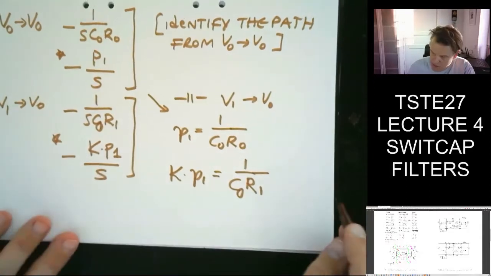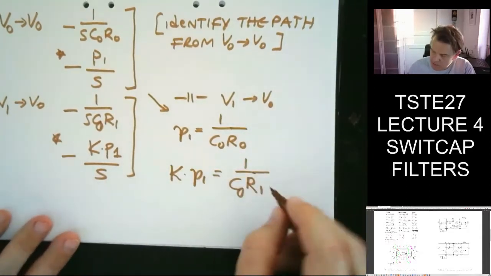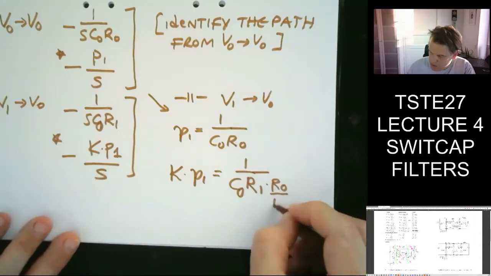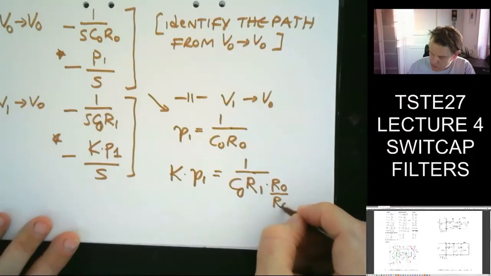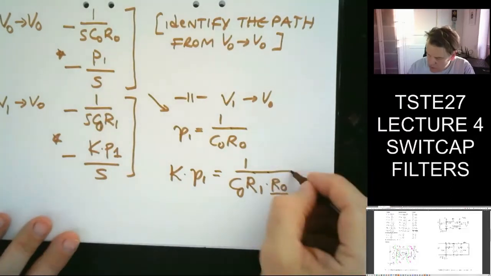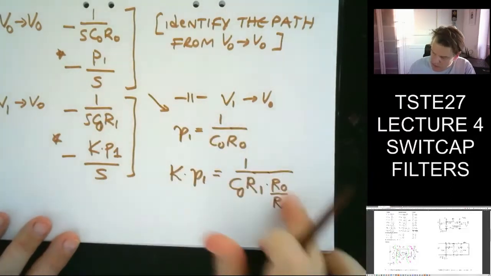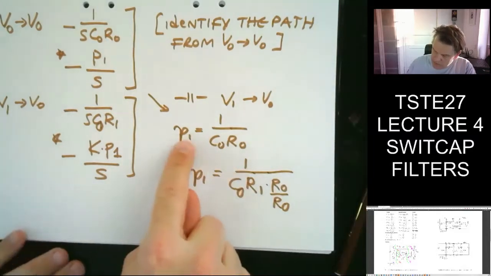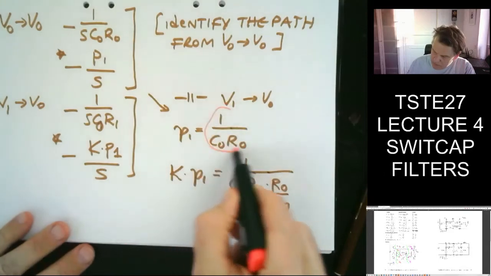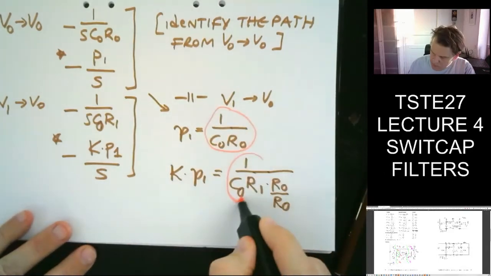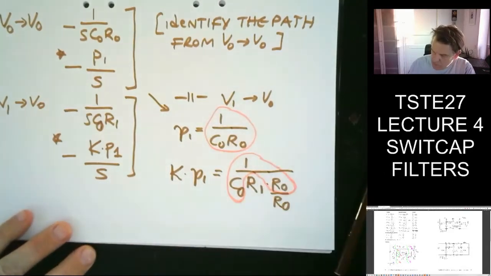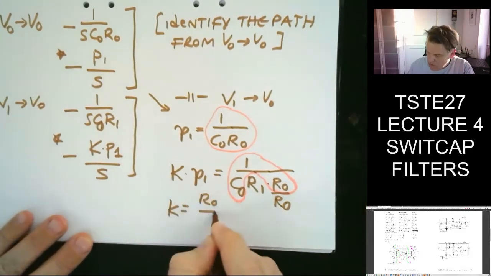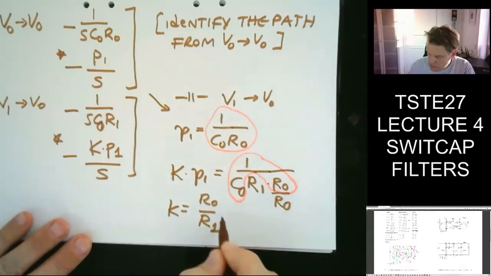So we can multiply this with R naught divided by R1, R naught, sorry, just to extend that equation. And then we can identify P1 in this expression, and then we see that K is equal to R naught divided by R1, for example.